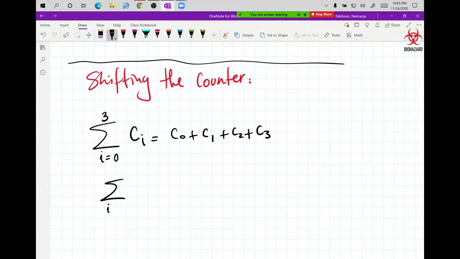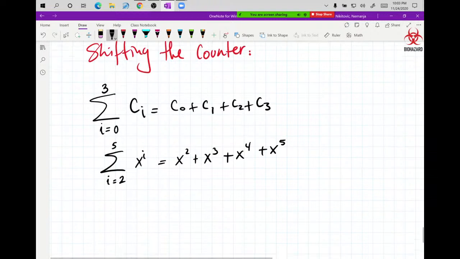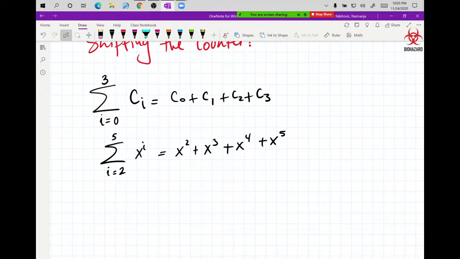Another thing for summation, and I mean, you should all know this, but I'm going to write it. Let's say i from 2 to 5 of, let's say, x to the i. That's going to be x squared plus x cubed plus x to the 4th plus x to the 5th, and you stop, because your top number made it stop.